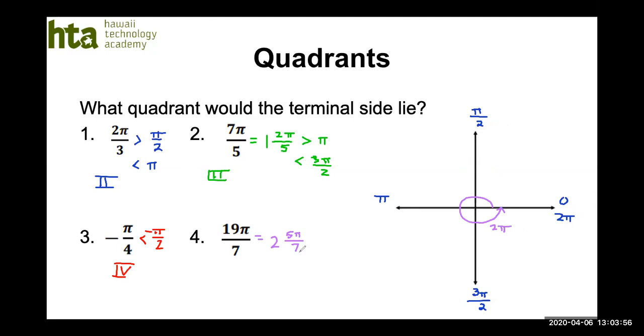So all we're looking at is just the 5/7, the 5 pi over 7. 5/7 is greater than half pi, but it is less than 1 pi. So it falls somewhere in this quadrant over here. If I went 5/7 pi, I'd end up here. This is the additional 5/7. So we would end up in quadrant 2.